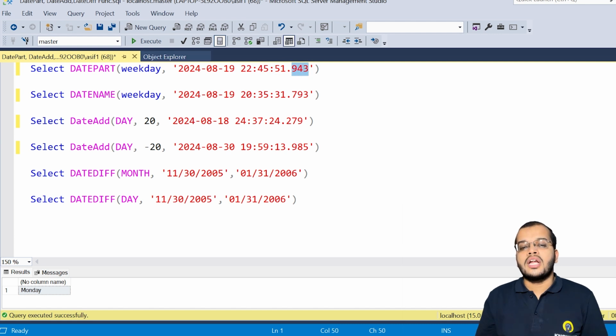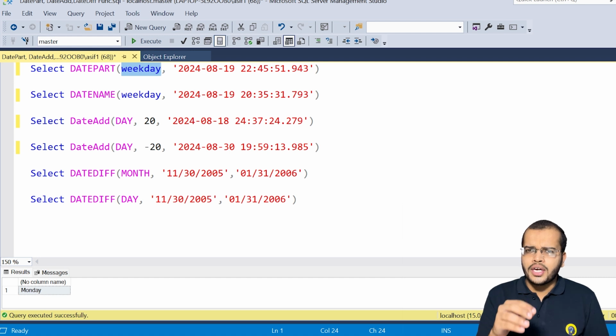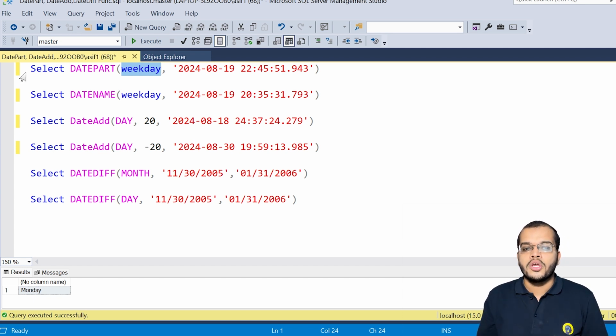Now if we see this weekday, every week we get a number, am I right? Week number. So we are getting a weekday. What is the day of the week that we are going to get from this one? If I execute it, I am getting the number 2. So 19th August 2024, the weekday is 2, the second weekday.